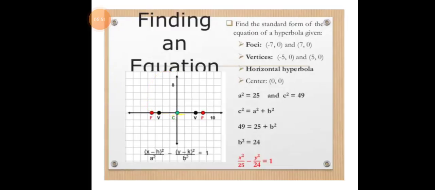You can see that a squared equals 25 and c squared equals 49. So the given is c squared equals a squared plus b squared, so 49 equals 25 plus b squared, so b squared equals 24. x squared over 25 minus y squared over 24 equals 1.